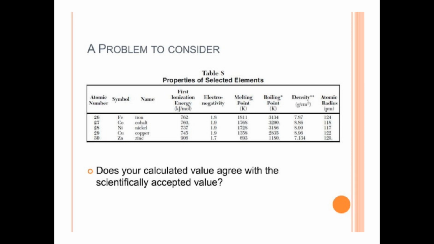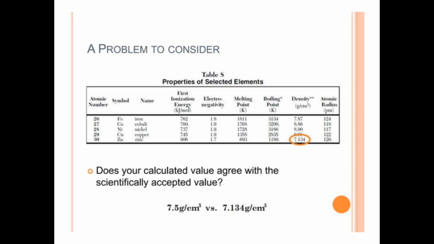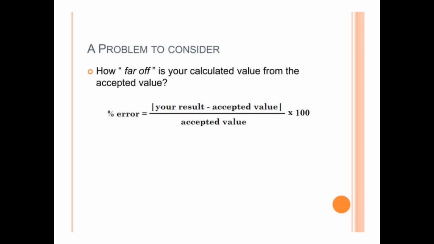Now, if you check very well, the accepted value for the density is 7.134, and ours is 7.5. So the measured value is 7.5, and the accepted value is 7.134. Now, how do we calculate the percent error?